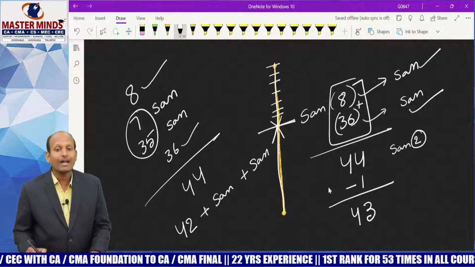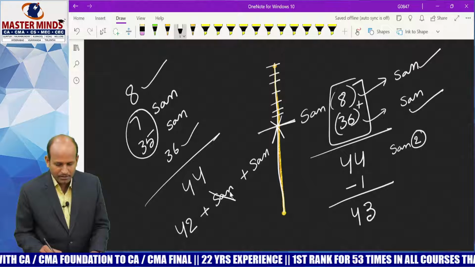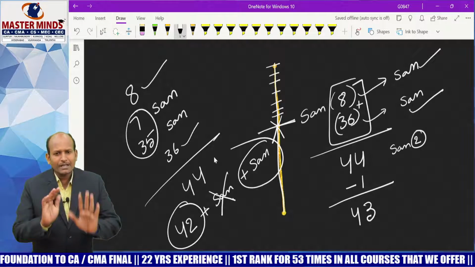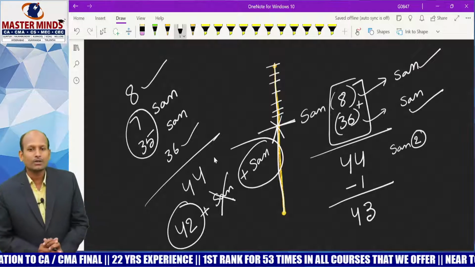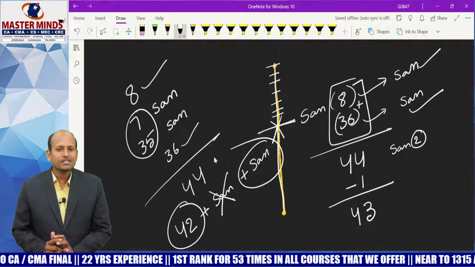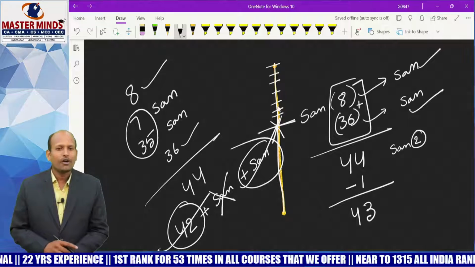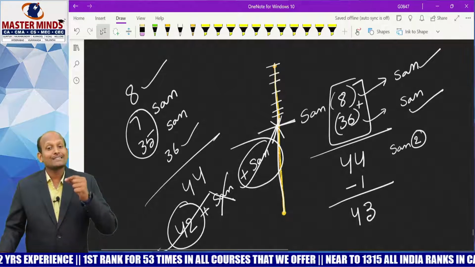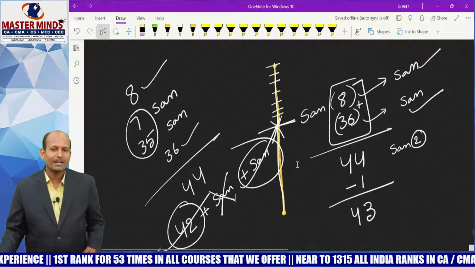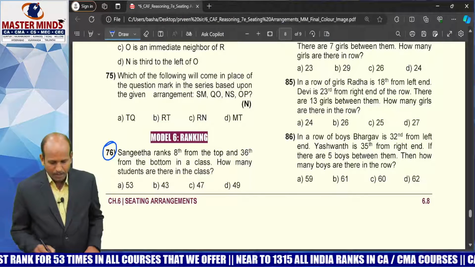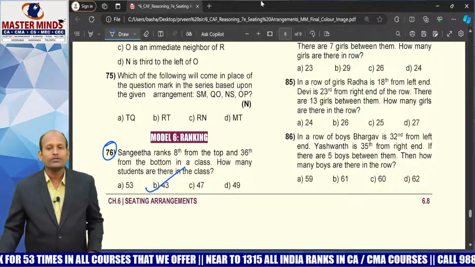That means we have Sangeeta 2 times, but we need to subtract 1 time. We require Sangeeta only 1 time in the total class. So the total strength is 42 plus 1 Sangeeta, which equals 43. That's why we subtract the excess 1 time. Therefore, the total strength is 43.